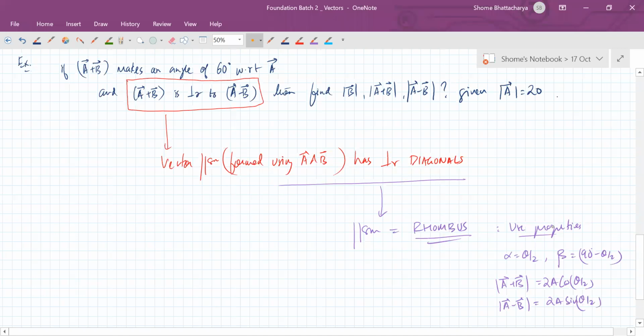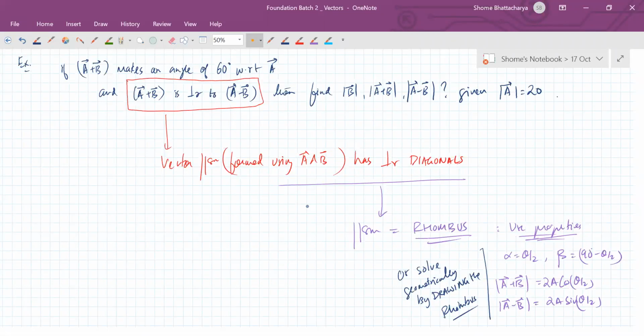You can use these properties, or alternately, once you're sure that it's a rhombus, you can also solve it geometrically by drawing the rhombus. Both will be equally easy here. But first of all you have to catch that you are dealing with a rhombus and not some other type of parallelogram, not a general parallelogram, but this specific type of parallelogram. So how will you catch that point from the language given in the question?